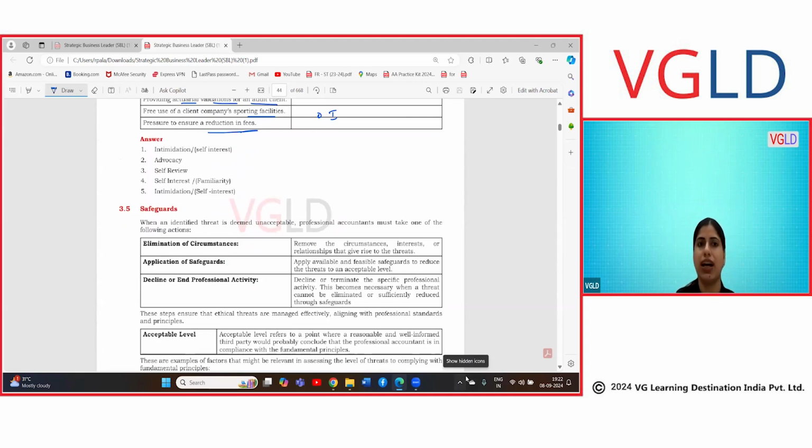So yes, as I have mentioned, it is not an auditing paper, so you don't need to mug up the safeguards just for your basic understanding, and maybe you want to write some linked question area. Maybe the question area could relate to the auditing aspect, although it is not that much tested. So you should know the basic safeguards, what you can do to eliminate or save yourself from the threatening situation.